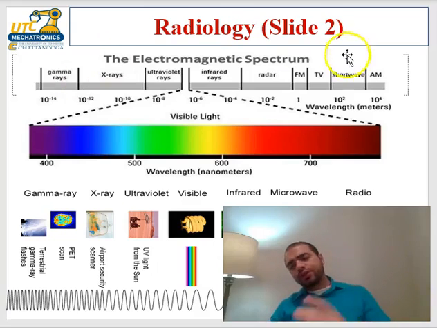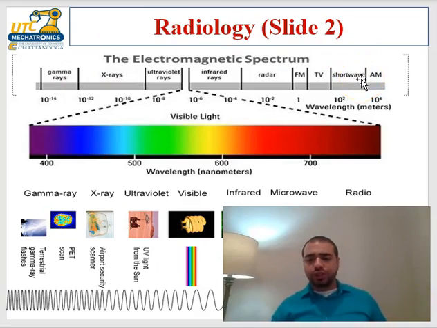On the other end, you have the radio waves, basically FM and AM, and so on. These have the lowest energy and the longest wavelengths. Microwave and radar are also somewhere here. This is the electromagnetic spectrum.